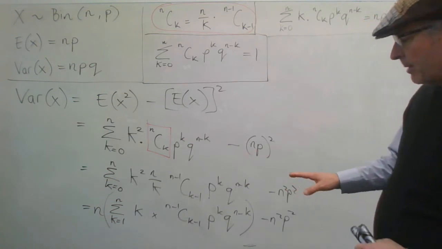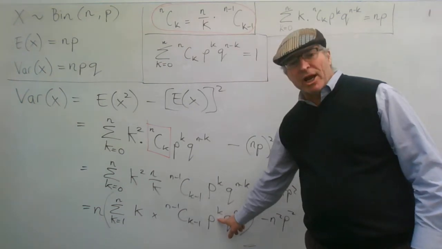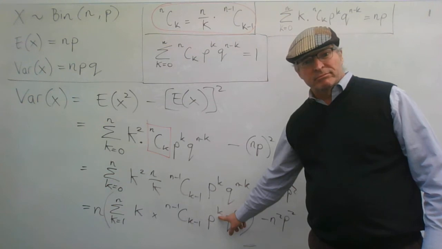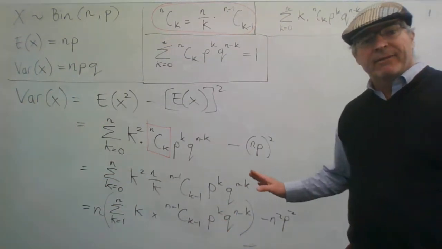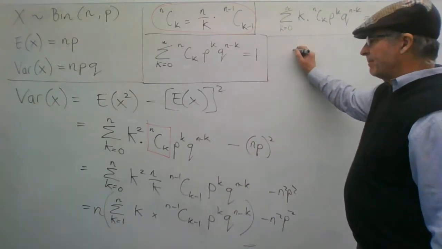All right, the next thing I'm going to do is apply that rule that I can change that to p to the k minus 1 times p, so that I can get the constant p out of that as well. So I'm going to write that down up here.